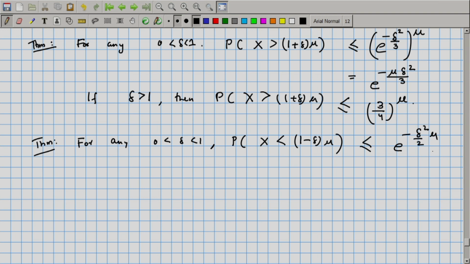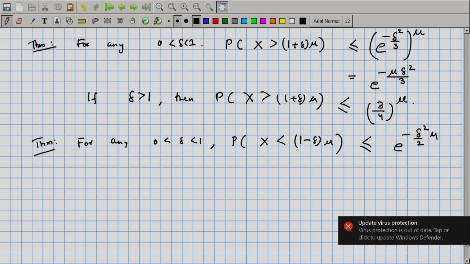Now, here if you assume that x is a positive valued random variable, there is no sense in choosing a delta greater than 1. Okay, if delta is greater than 1, then 1 minus delta is going to be a negative number. Okay.